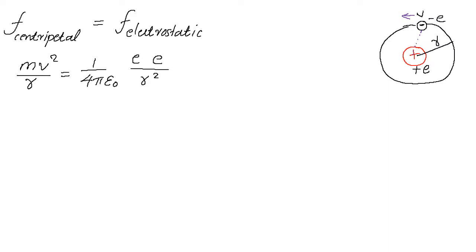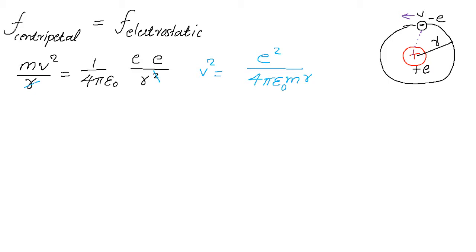I'm going to cancel one r here and one r from r square, and I can take m to this side, which gives v square equals e square divided by 4 pi epsilon 0 m r.